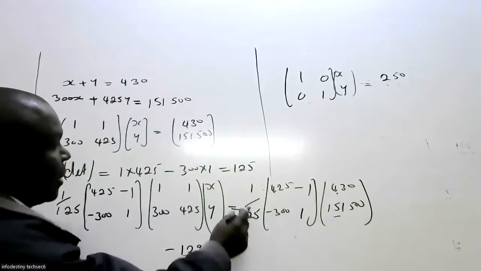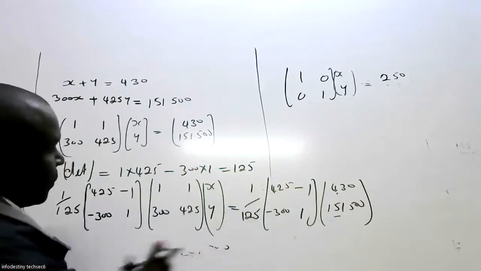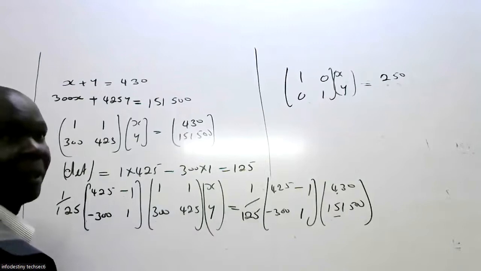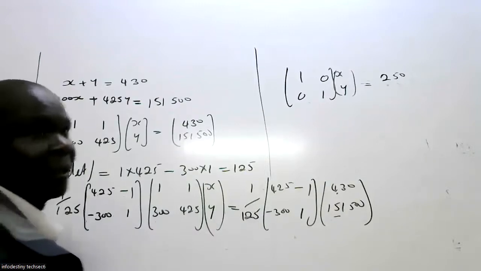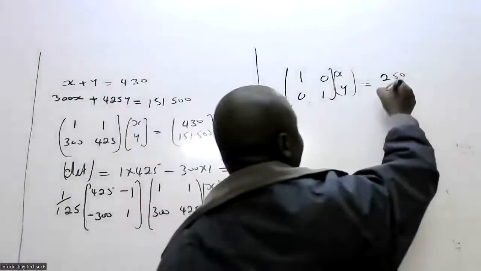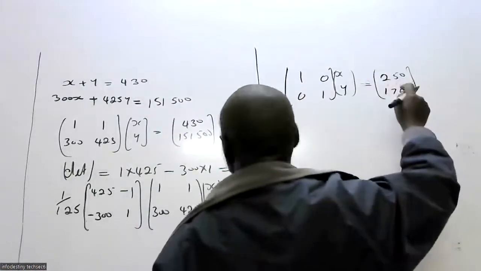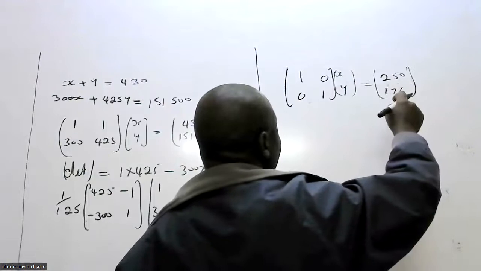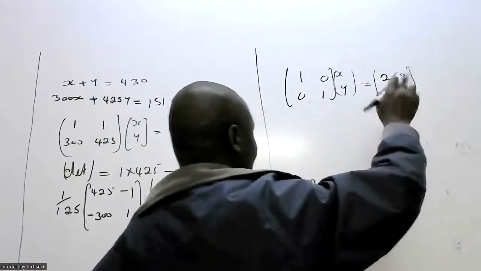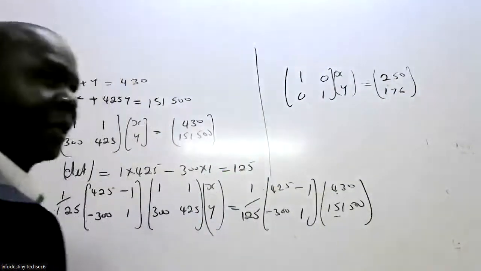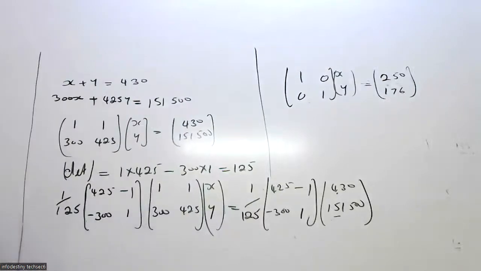Then divide by 125. 176. So it's a positive, it's not a negative. You say it's 176.